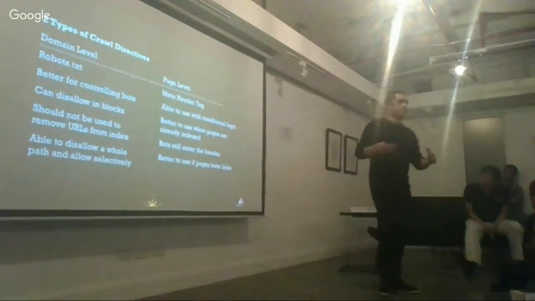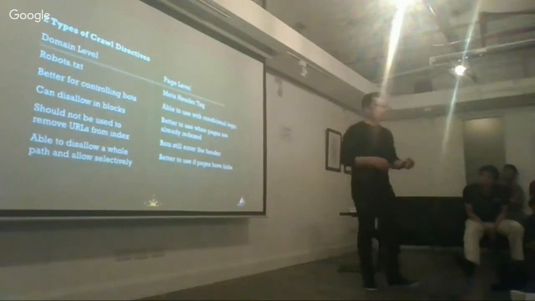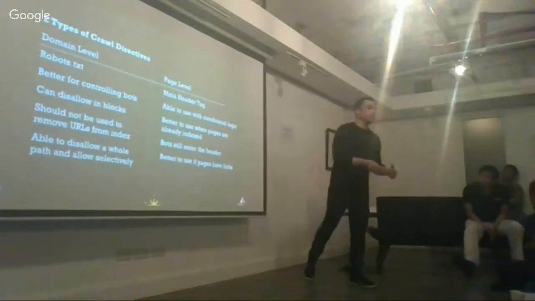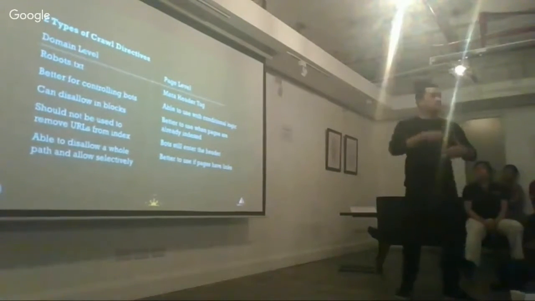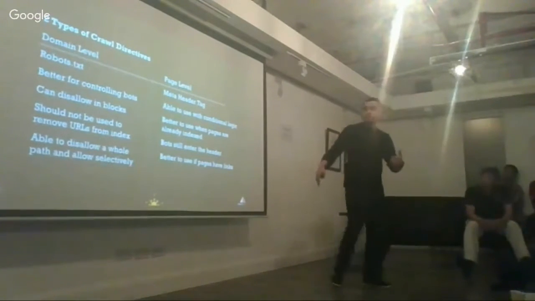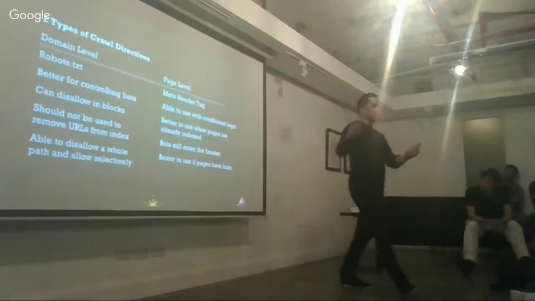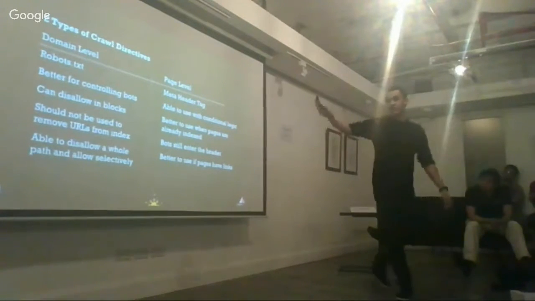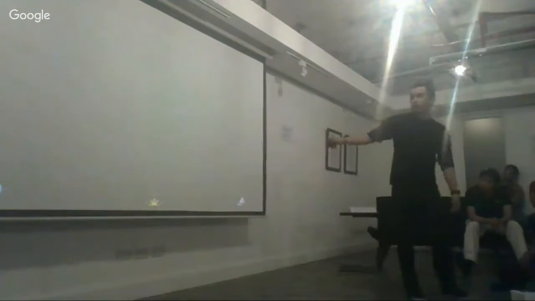You shouldn't do that because robots isn't for the indexing of pages or a page. It could be that when you disallow a specific path or page, eventually they remove it from the index. But if you're trying to remove it from the index, always use the meta header tag because, again, robots.txt is not for the indexing. It has a common problem, which is why I wanted to point it out.